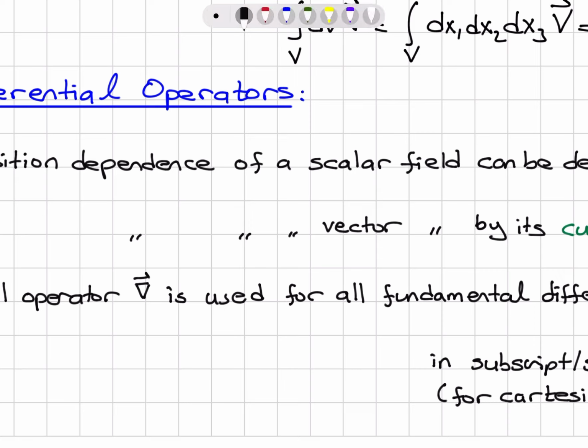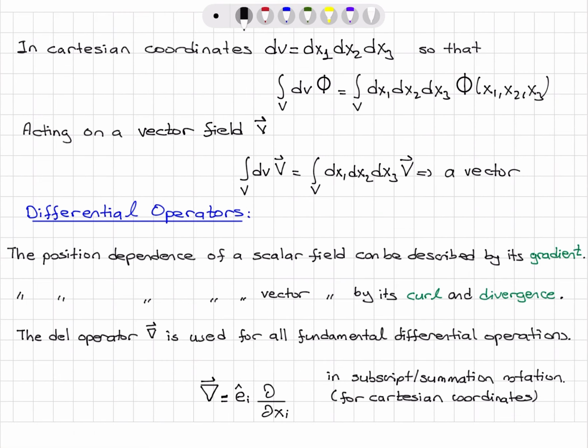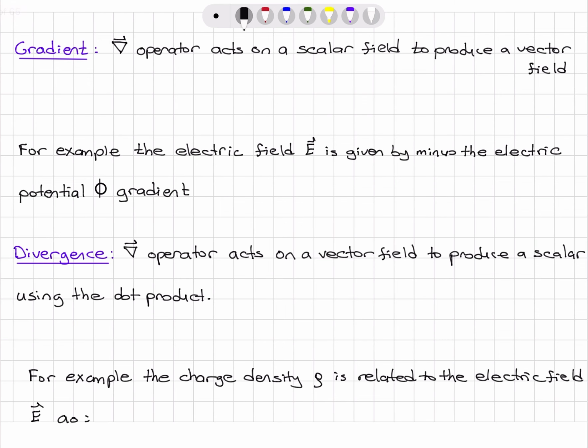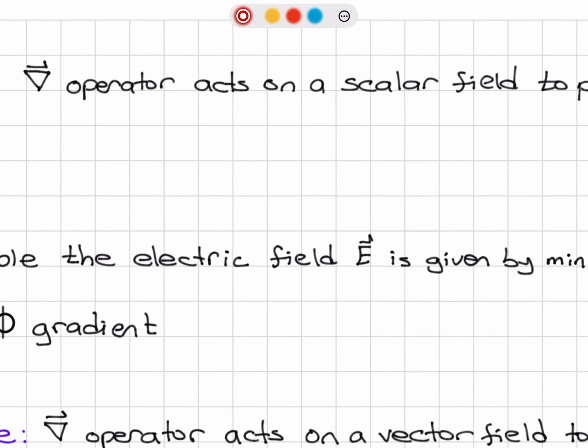And the del operator, the gradient operator actually, is defined as, using the subscript summation notation, ei hat, the partial derivative with respect to x sub i. Now, for the gradient, this operator acts on a scalar field to produce a vector field.